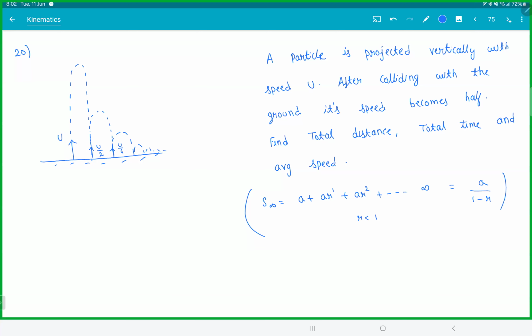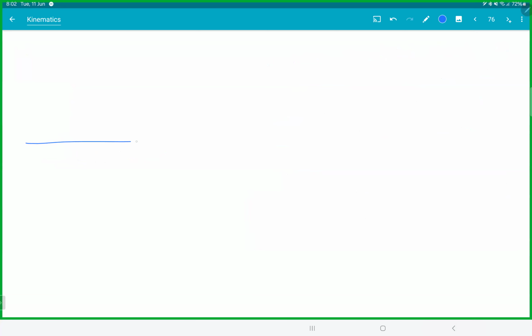Let's see. Some of you did get the answer. The first thing: when you project with speed u, you go up, then you come down. So this is your h max. What is h max? H max is u square by 2g. This is proportional to u square, meaning if the speed becomes half, distance becomes 1/4, isn't it?